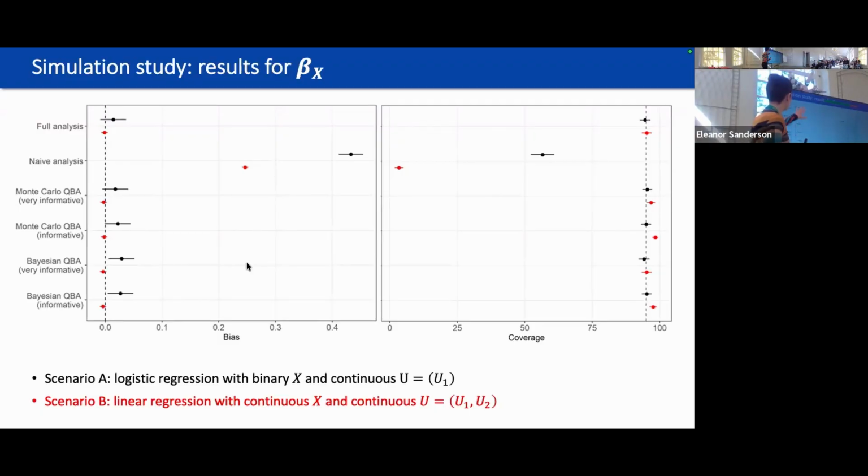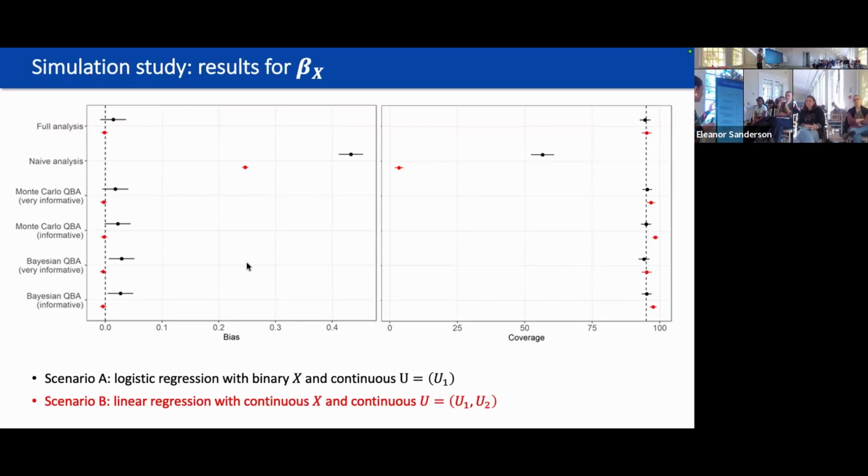Obviously for the full analysis, we would expect unbiased or minimally biased results and nominal coverage. And by design with the simulation study, when we do the naive analysis, we get biased results and poor coverage.